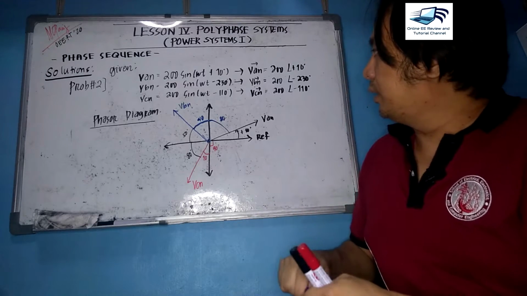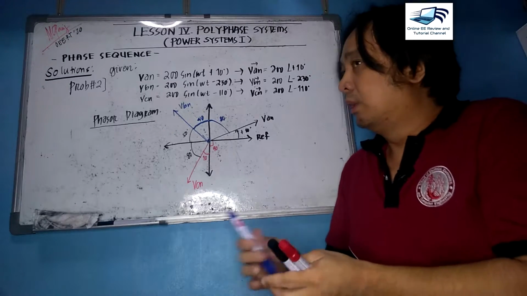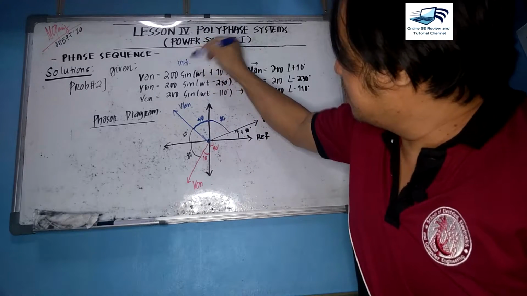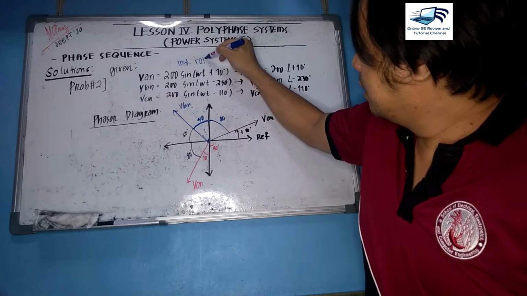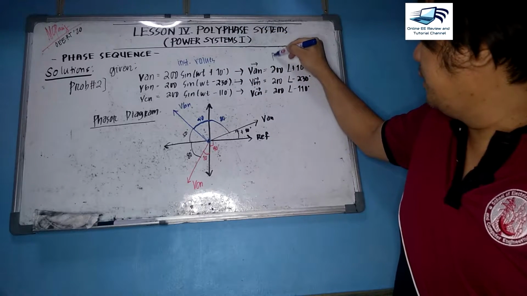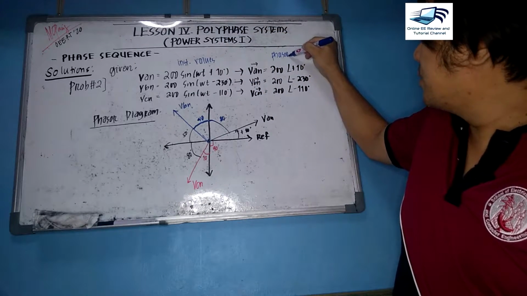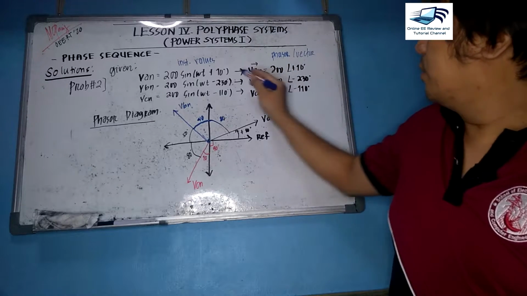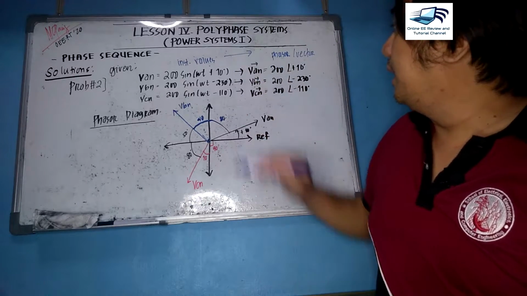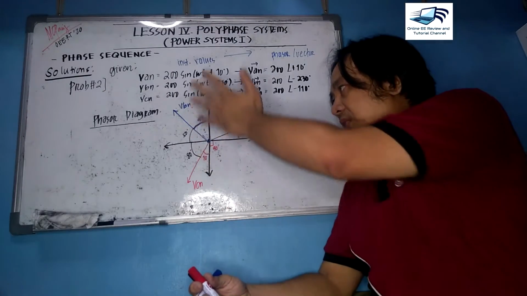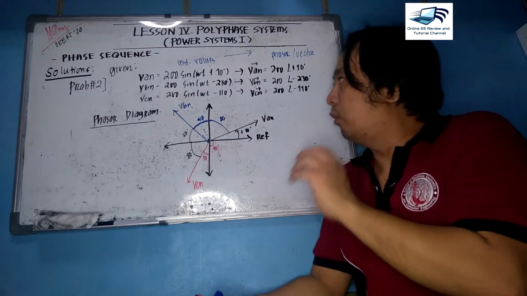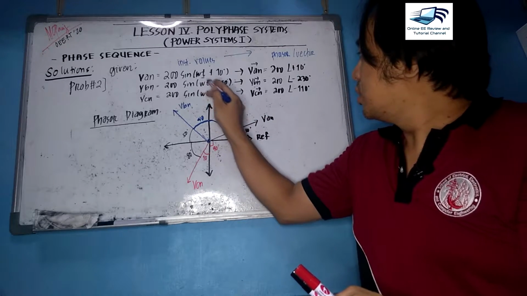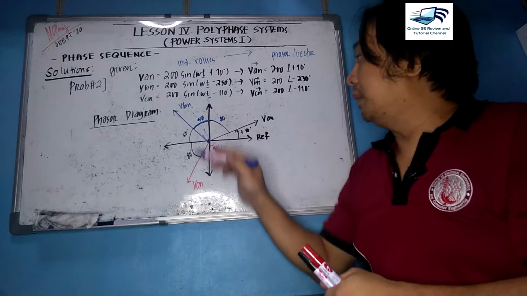Okay, this solution here, as you can see, we can convert these instantaneous values to their corresponding phasor values or vector values, because we need to determine the angle theta so that we can have the phasor diagram. Please take note, our givens here are instantaneous values simply because they are with respect to time.